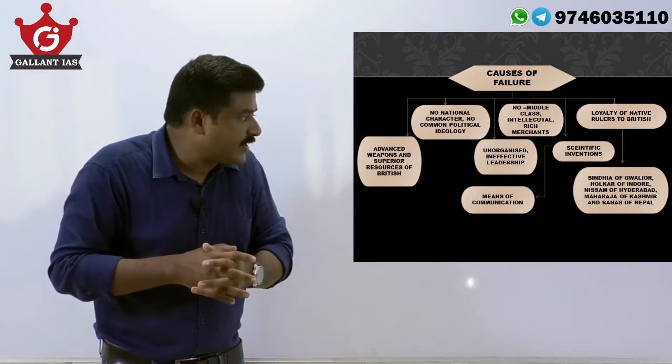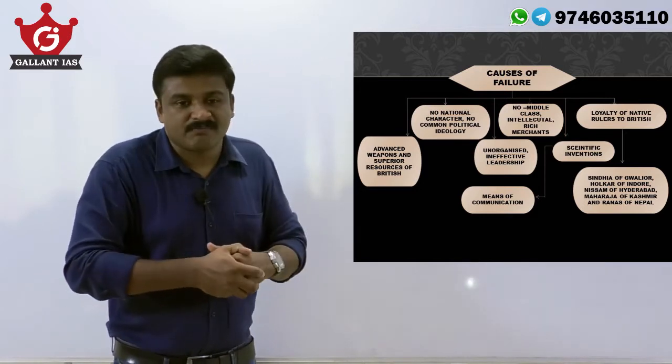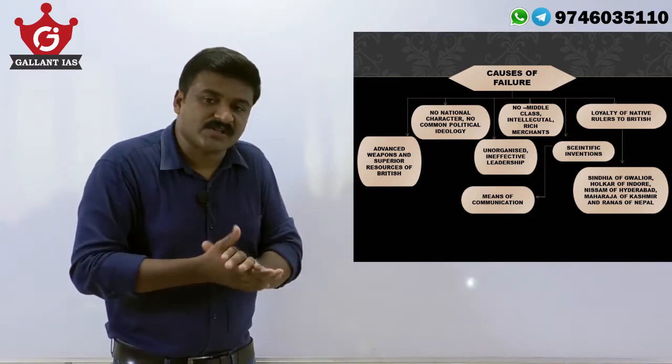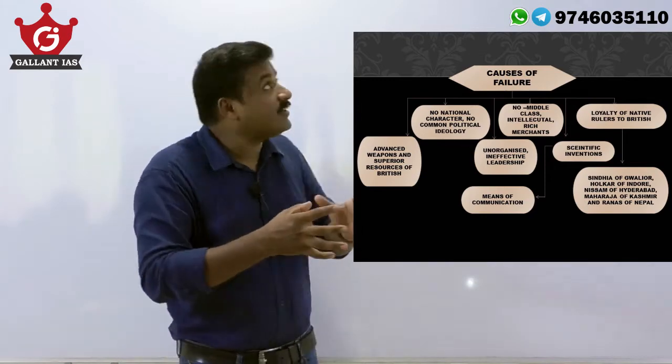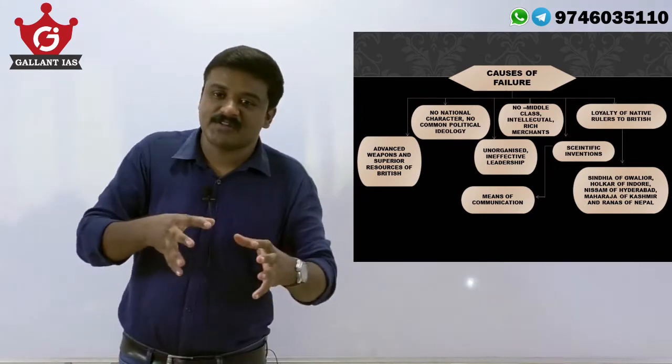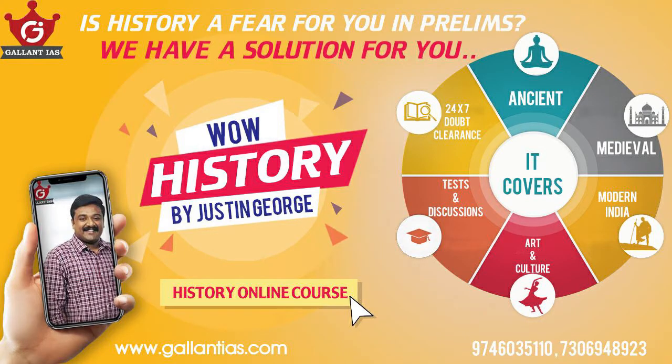Unorganized, ineffective leadership, means of communication. The British had the railway, telegraph, etc., that helped them to reach even the remotest region and suppress this revolt. The British had modern scientific inventions, guided by scientific temper, and they were advanced.